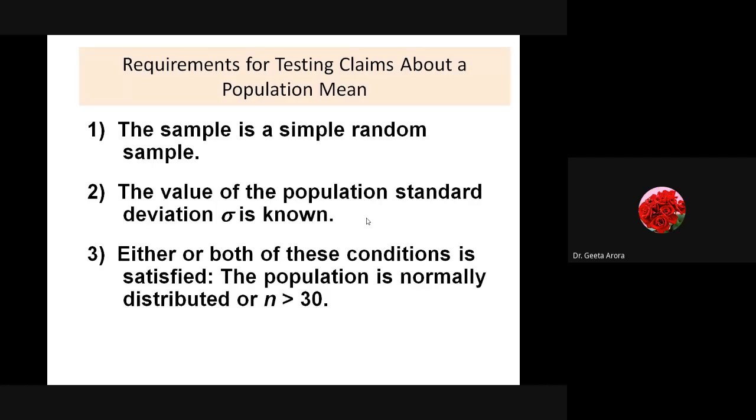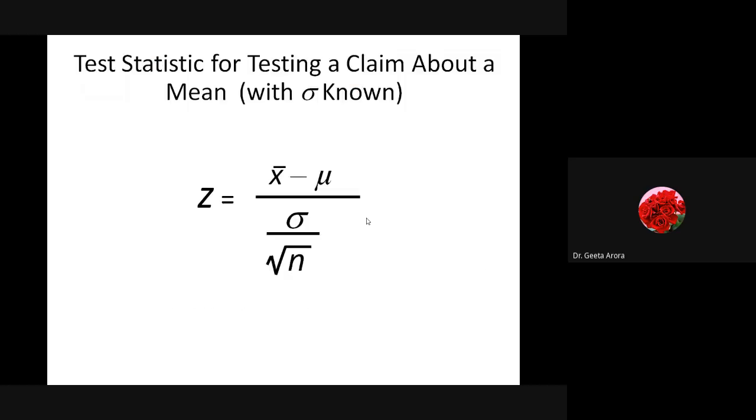If it is not normally distributed, then the sample size should be greater than 30. So the z test will be applied only when the sample size is greater than 30 or we know that the population is normally distributed.